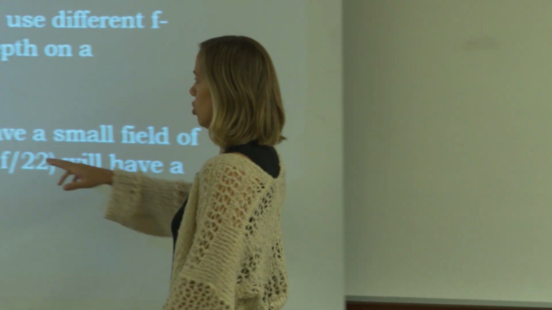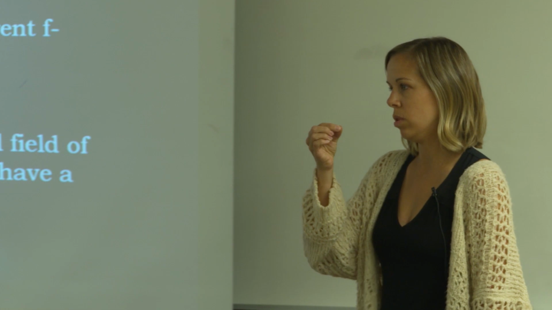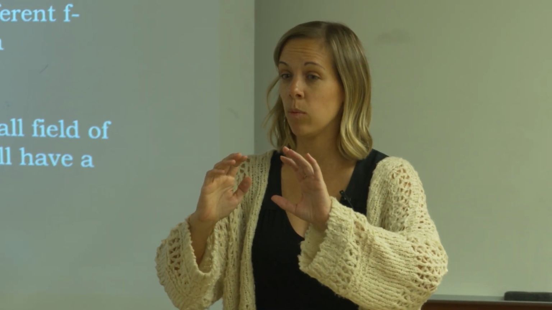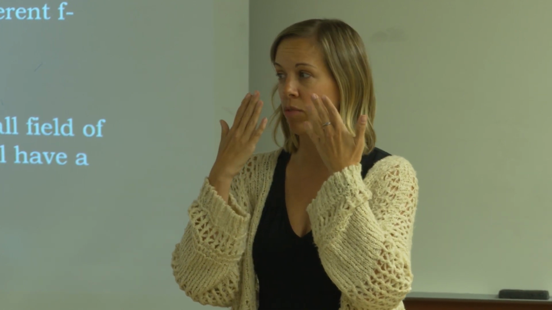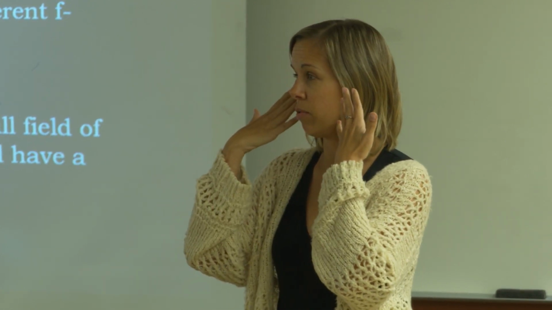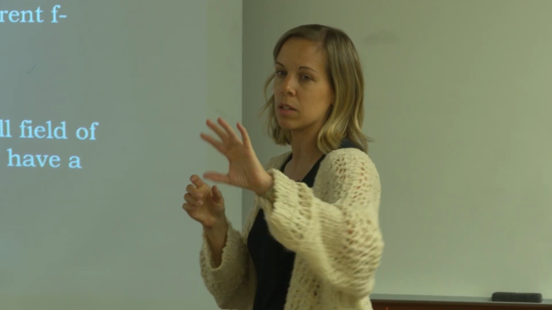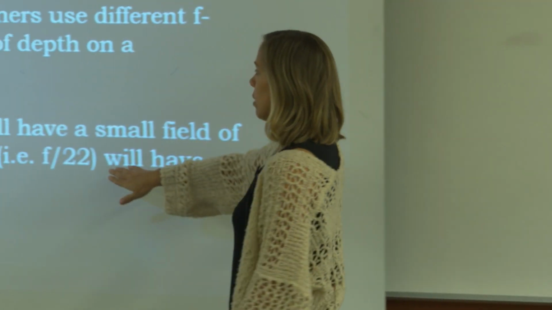So if I were to shoot at f1.4, I would have a very narrow depth of field. So if I were to take a picture of Song at f1.4, depending on where I am, I might only get his nose and part of his eyes in focus while his ears could be out of focus. So I have a very narrow depth of field, again, depending on how close or how far away I am.